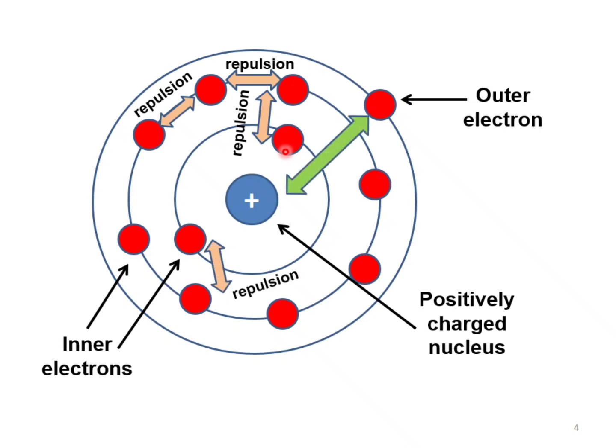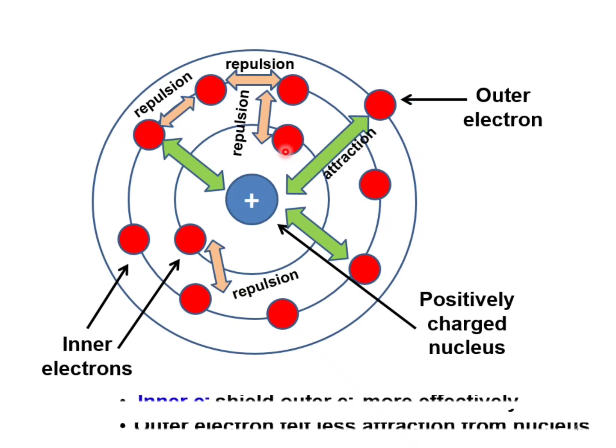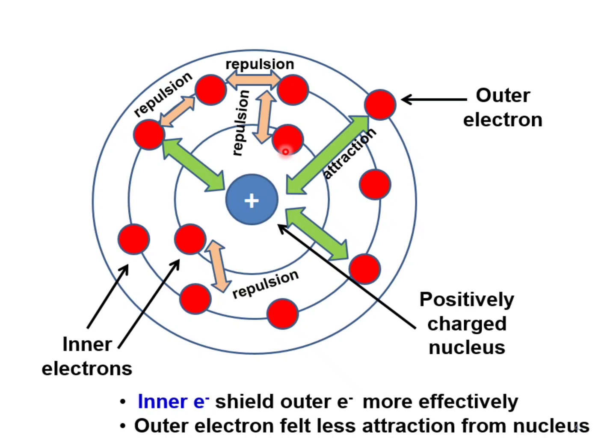Alright, so awak boleh lihat kat sini the green arrow here, so itu refer kepada attraction. Attraction, it means that between nucleus and electron. Kalau elektron dengan elektron, dia adalah repulsion, but nucleus and electron dia adalah attraction.